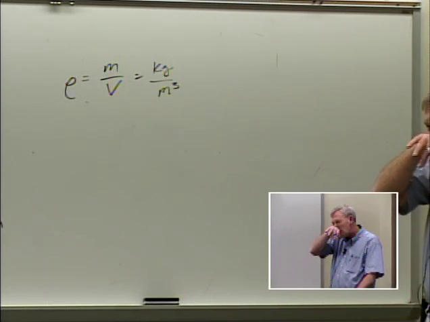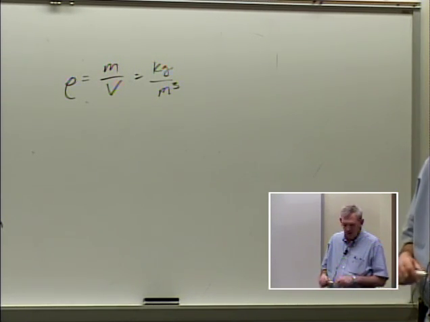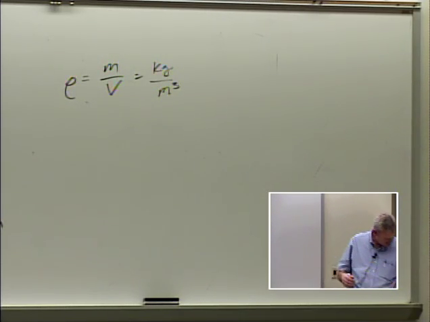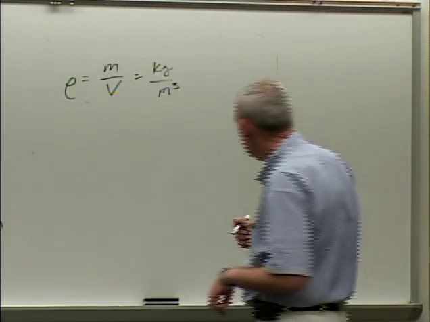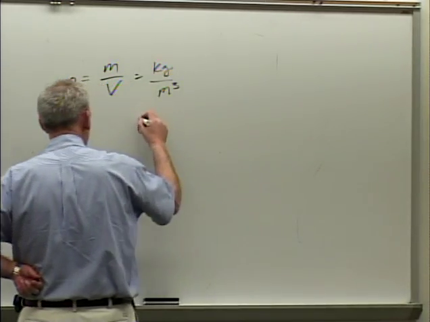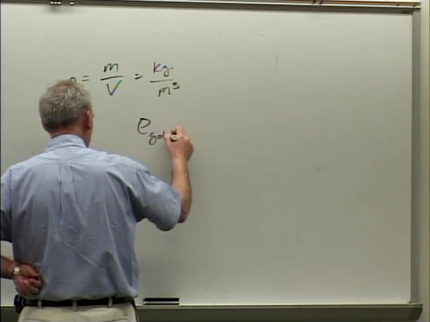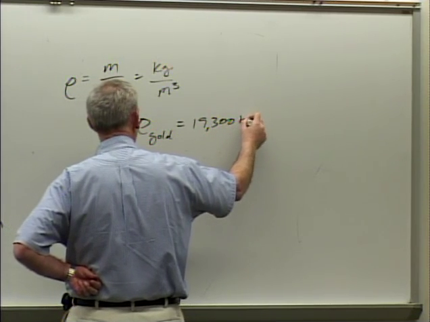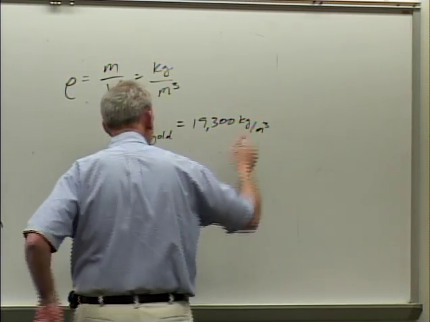All right, let's say we've got a gold ball. Gold has a density of 19.3 times 10 to the third. The density of gold is equal to 19,300 kilograms per meters cubed.